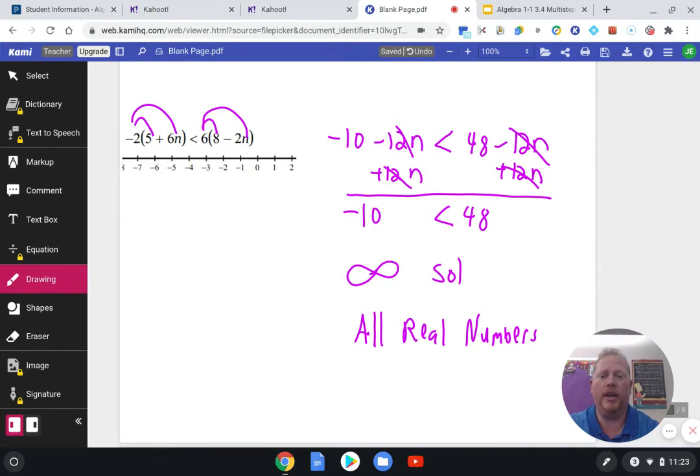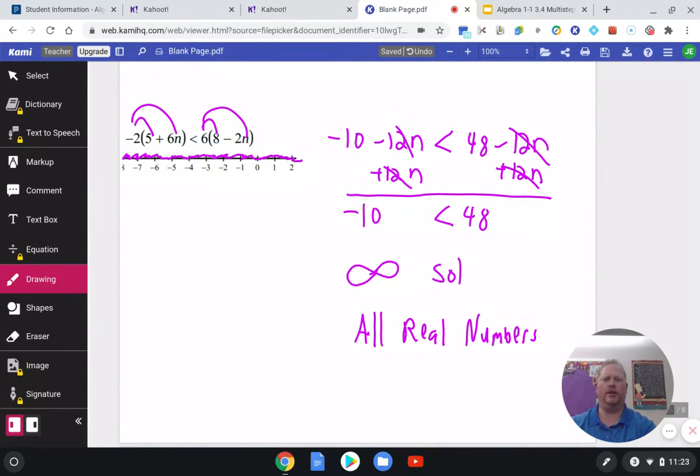So then when I go to shade, I'm going to shade the entire number line. And there we go. So don't forget about the situations where the variables completely cancel out, either no solution or infinite number of solutions.